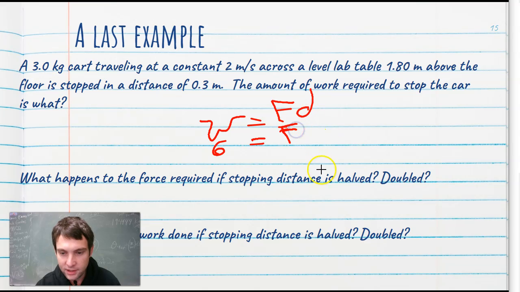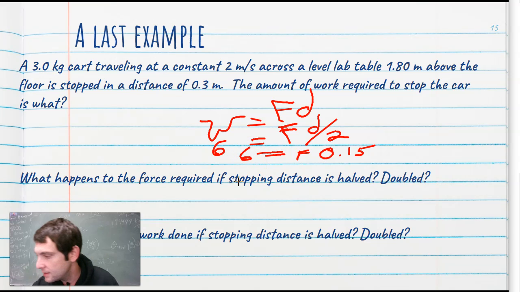So force we're trying to see, and the distance is halved. So half of the distance. The distance was 0.3, so this is going to be 0.15 times F equals 6. Divide 6 by 0.15, and you get force equals 40.